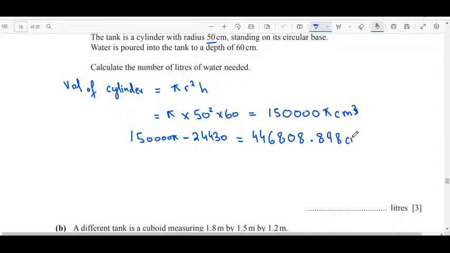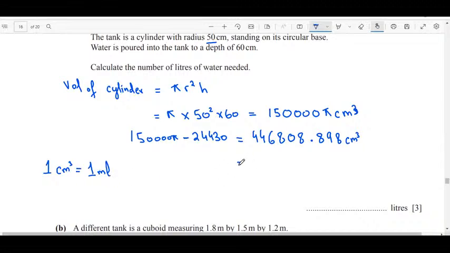446808.898 centimeter cubed. Okay, I'm writing it down completely because I need to explain something. So this value is centimeter cube. And in one of the previous classes, Saneem asked me, ma'am, can you please explain the relationship between centimeter cube and millimeter cube, something of that type, right? So 1 centimeter cube is equal to 1 milliliter.